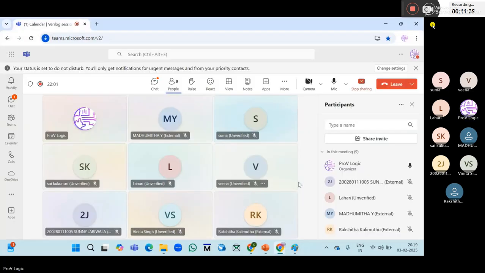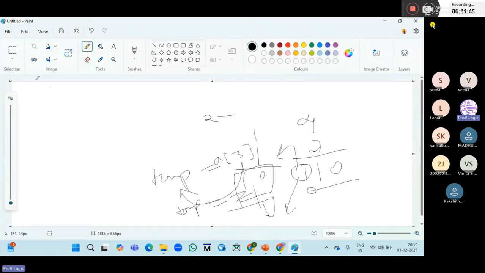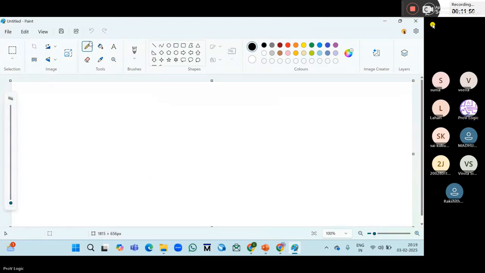Sunny, what is the difference between synchronous and asynchronous? Synchronous means the output clock matches with the input clock, so we will have the same time period or frequency of the output signal.